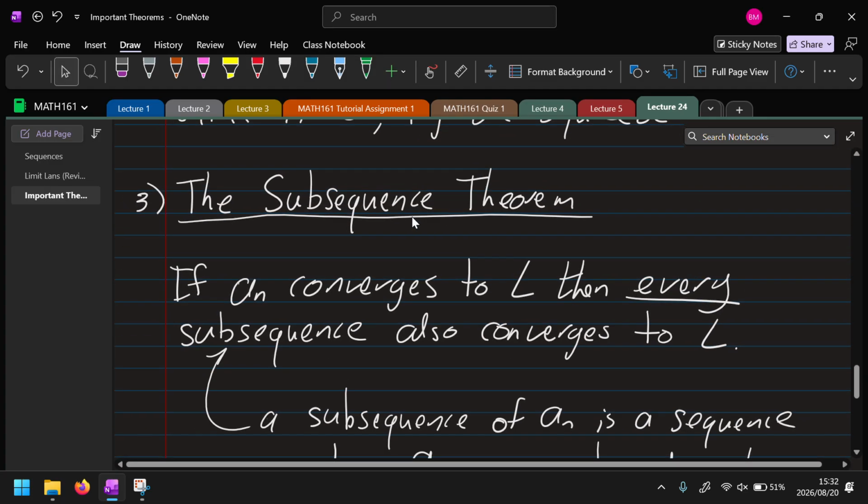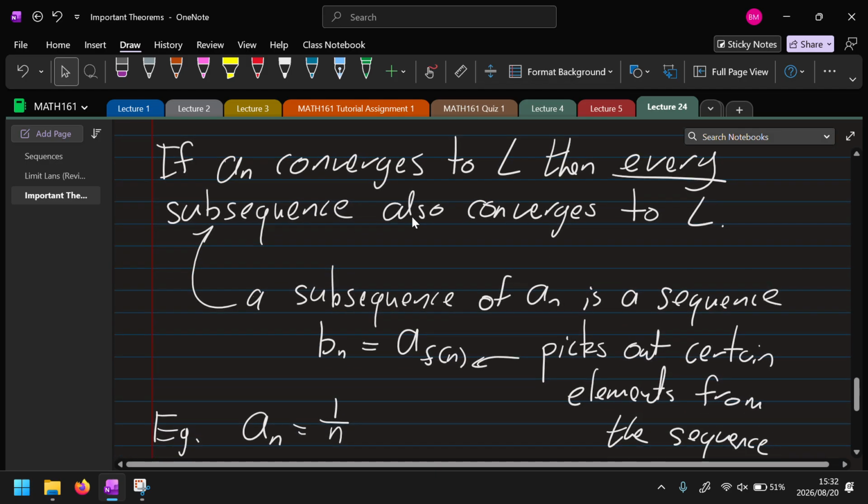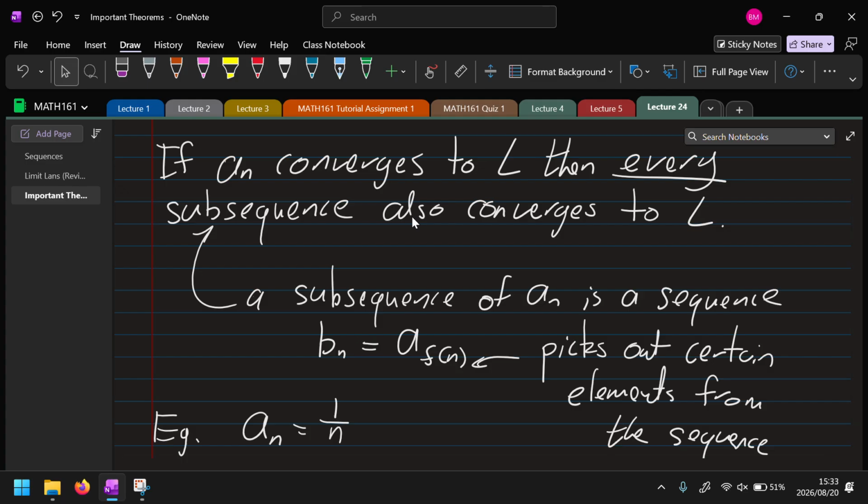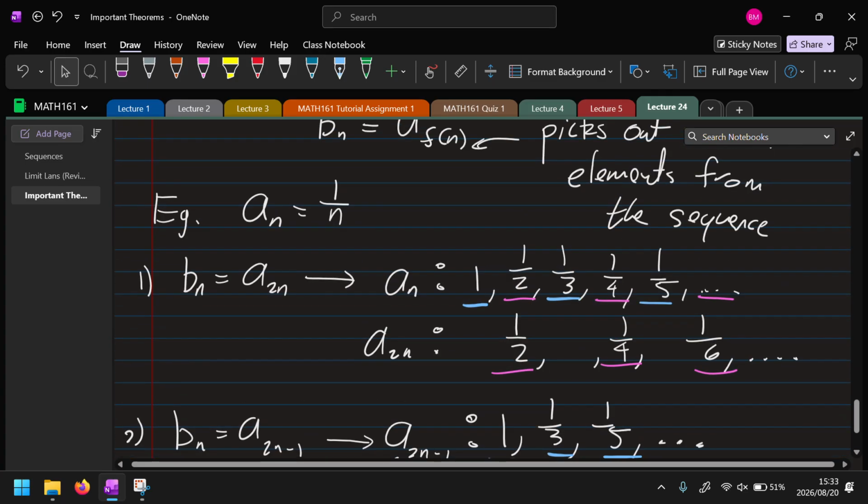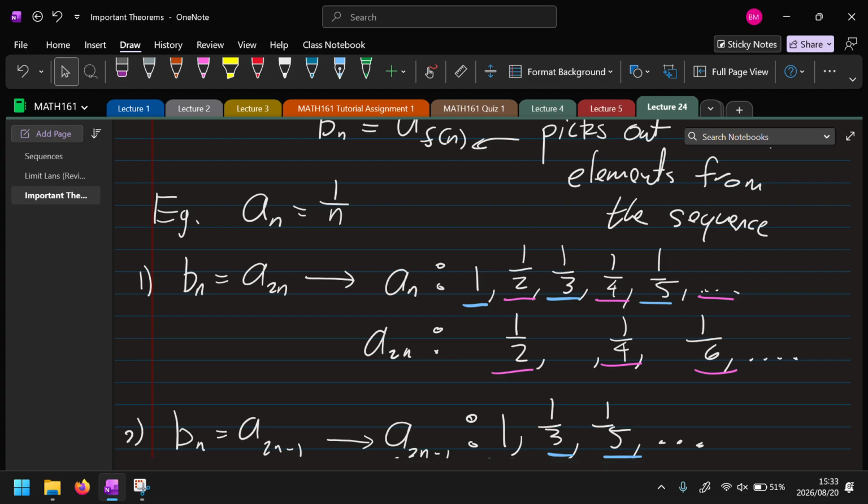Okay, so again, back to the theorem here. If a_n converges to L, then every subsequence converges. So if I give you some sequence and I ask you, does it converge or not? If that sequence is a subsequence of something that we know converges, then it already converges. For example, in these two cases, does a_n converge? 1, 1/2, 1/3, 1/4, 1/5, it converges to 0.